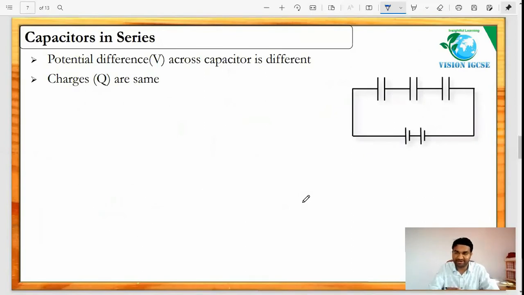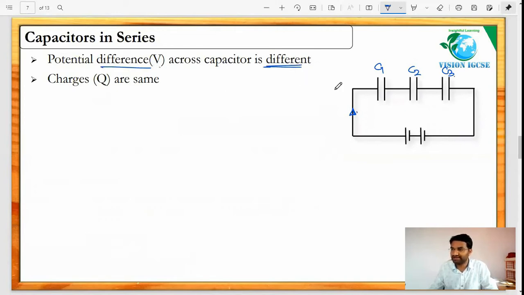So we have to discuss the derivations here, and it's very interesting, because a number of times they ask questions on this indirectly, not directly as such. So C1, C2, C3, okay, here capacitors are there. When they are in series, the potential difference across each capacitor is different.